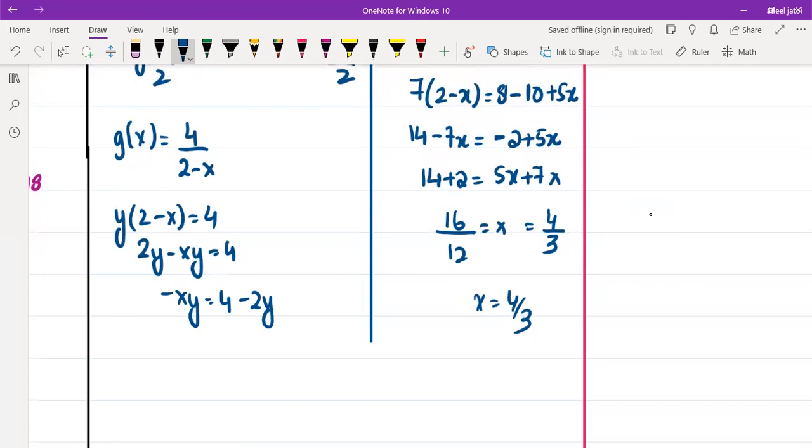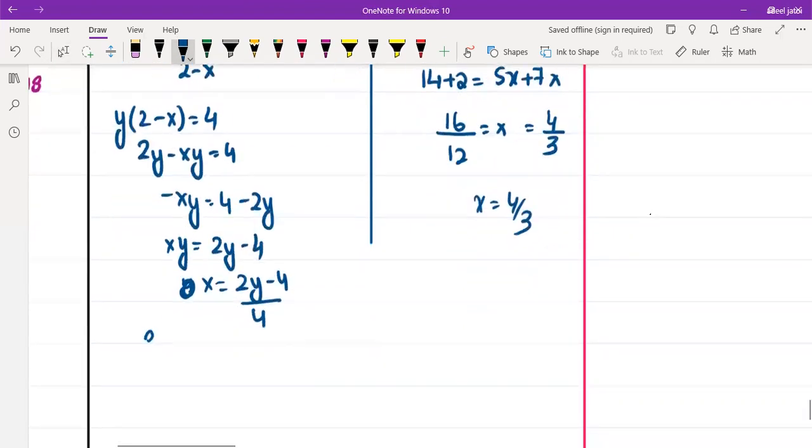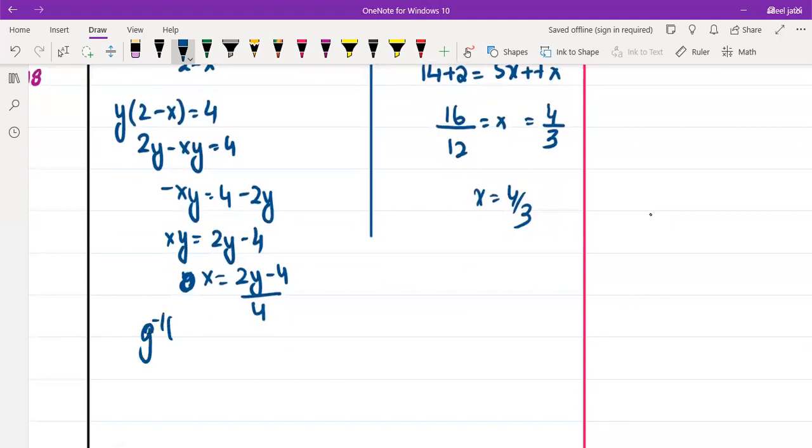Your minus will change the values, so for 2y minus 4, x is equal to 2y minus 4 upon y. So g inverse of x is equal to 2x minus 4 upon x.